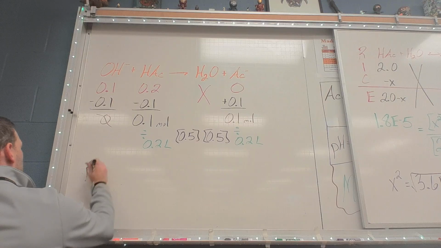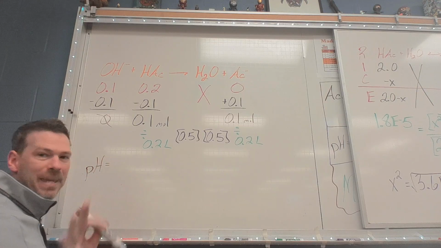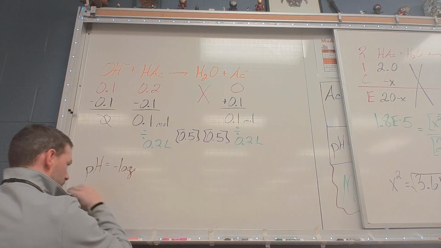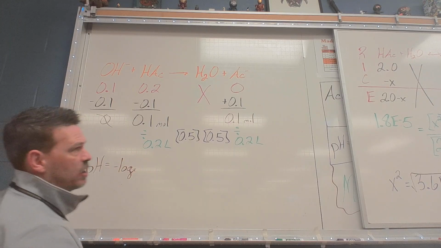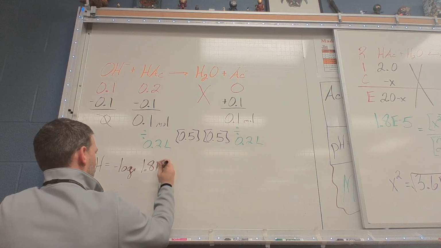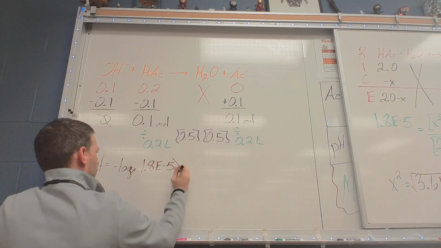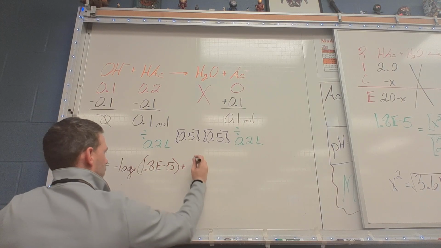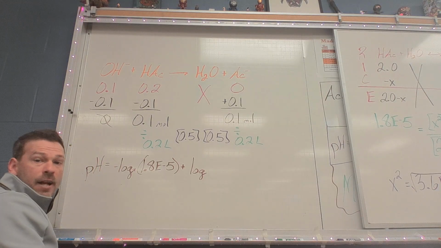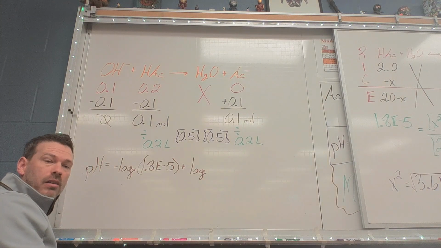Here we go. pH equals pKa. P is negative log. Ka was given at the previous part of 1.8 e negative 5. Henderson equation plus log.